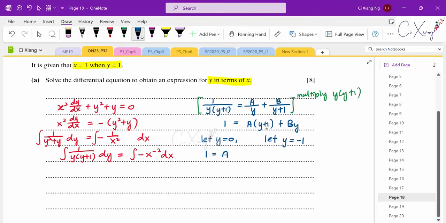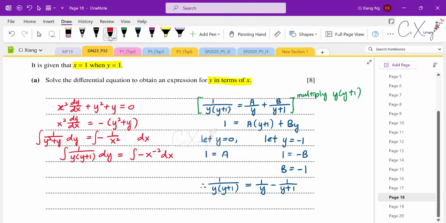If I let y equal to negative 1, this bracket will become 0, and therefore we can get rid of the A. When y equals to negative 1, you're having 1 equals to negative B, and B is actually equal to negative 1. So if you try to rewrite your function again, 1 over y times y plus 1 equals to 1 over y minus 1 over y plus 1.